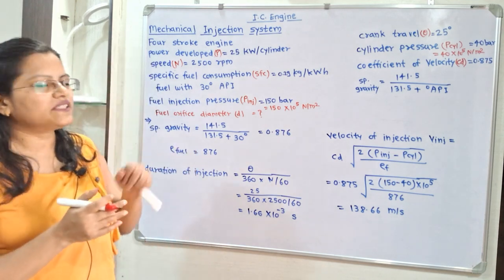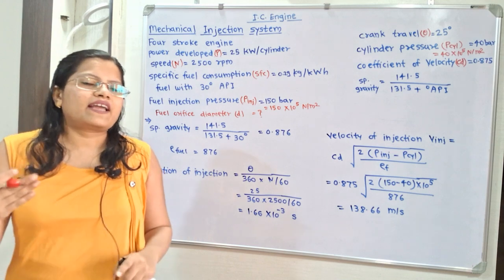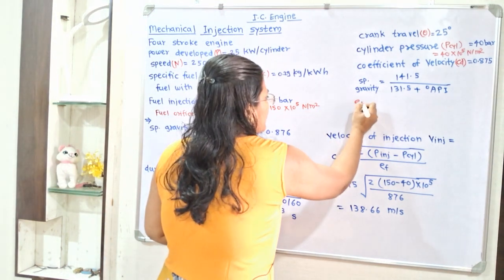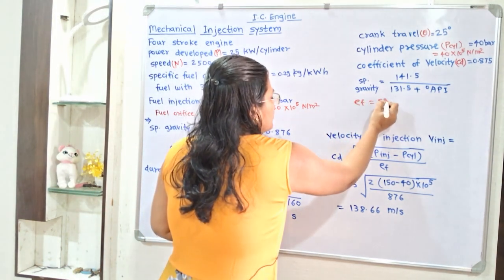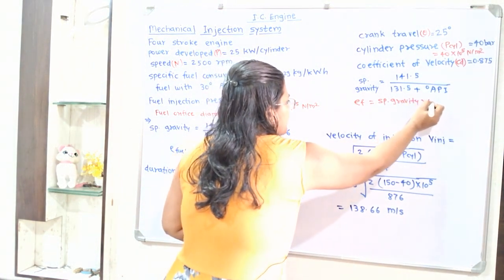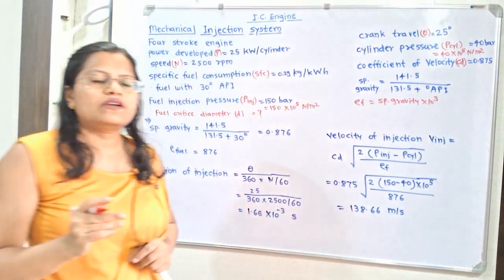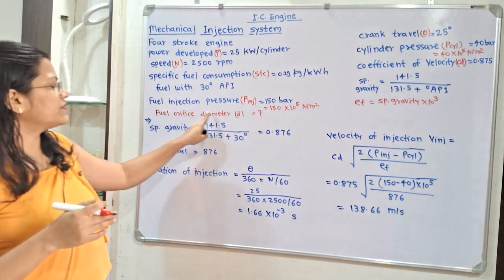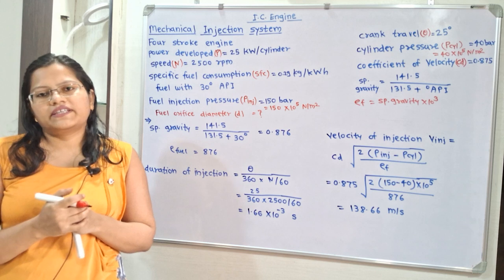From the specific gravity of the fuel, we can calculate the density of fuel. The density of fuel is known as rho F, which is equal to specific gravity multiplied by 10 raised to 3. So this is the given data, and we have to calculate the fuel orifice diameter, that is D.